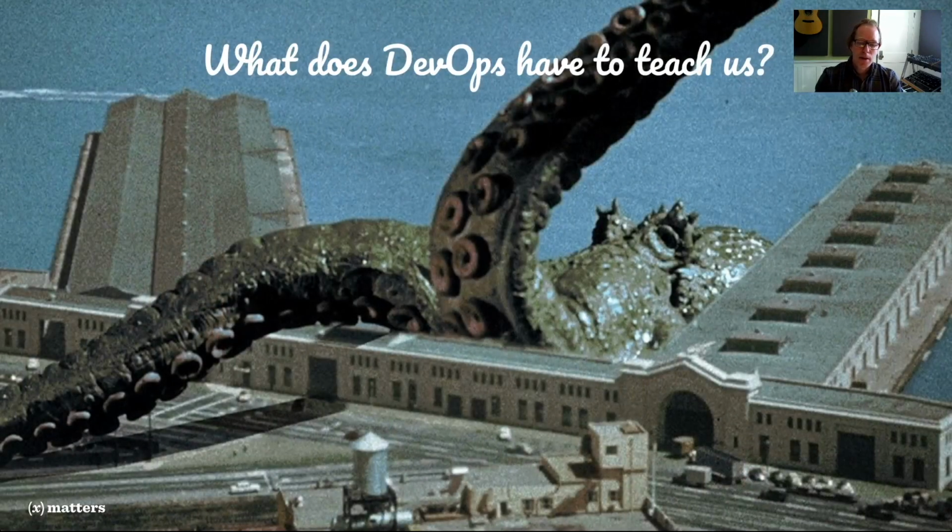So DevOps is obviously very closely related to incident management in the sense that it is the DevOps movement that has put folks like software engineers on call and responsible for the services that they produce. And a lot of the barriers to adoption to DevOps were actually cultural.